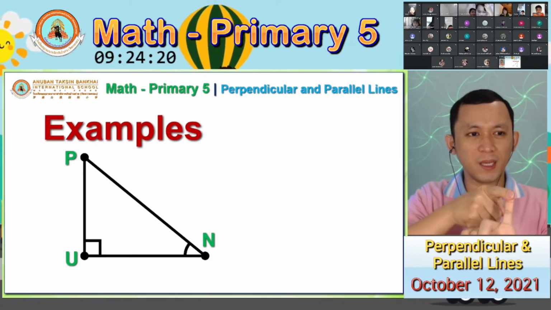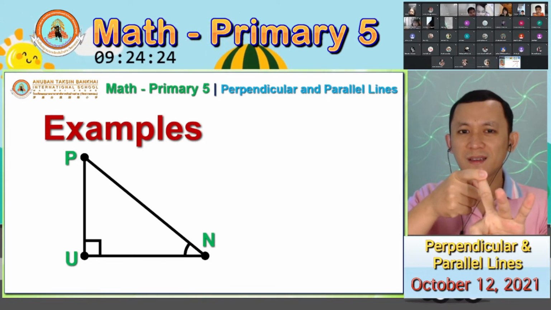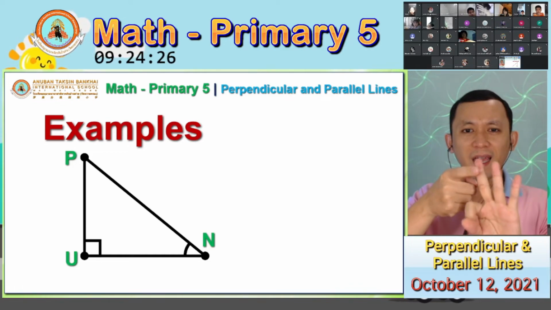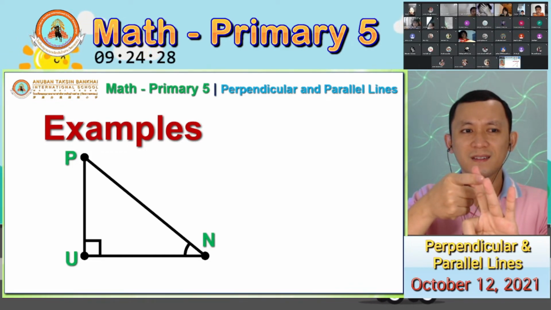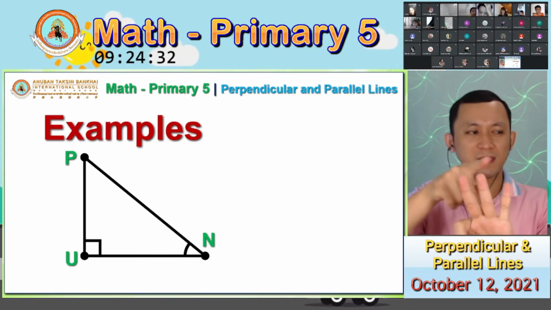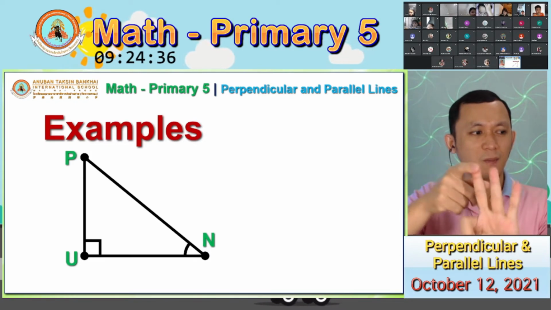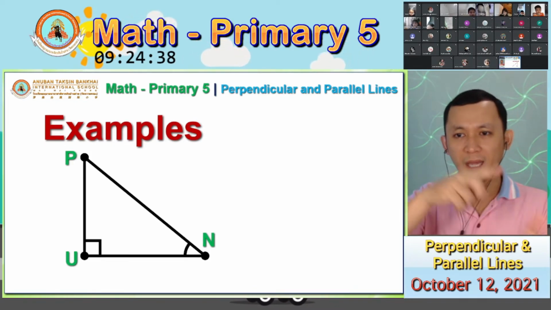Line segment PU, line segment UN, and line segment NP. There are three lines: line segment PU, line segment UN, and line segment NP, or PN, you can swap.